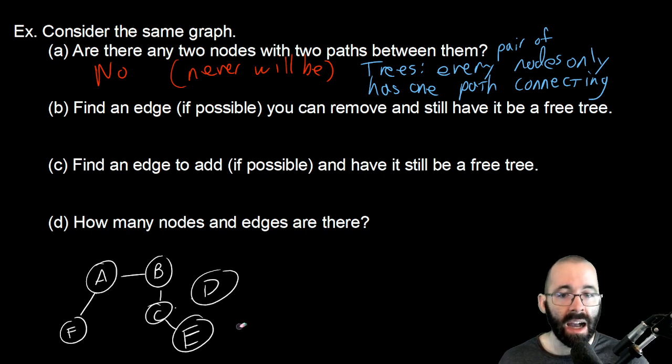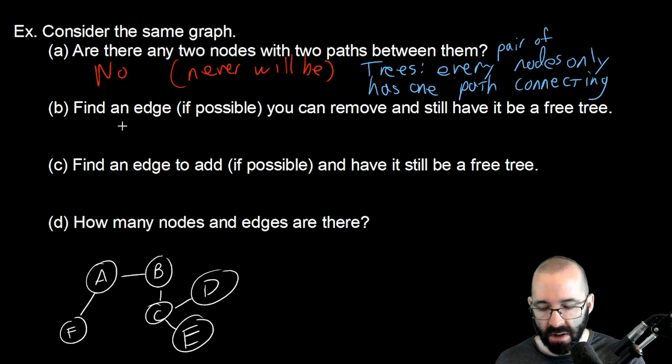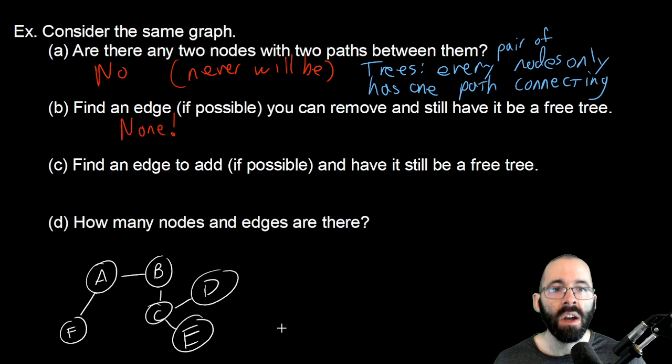Every edge we have, we need. There are no edges that we can remove and still have this be a free tree, because we lose it being connected. You could say there are no redundant edges in a free tree, but it would lose the fact that it's a connected graph.